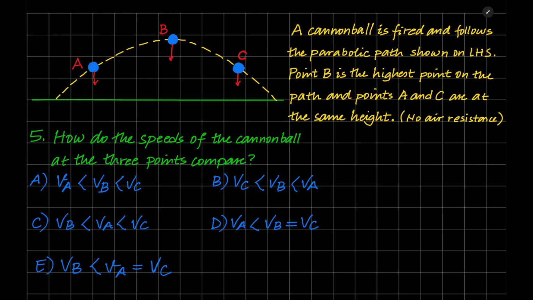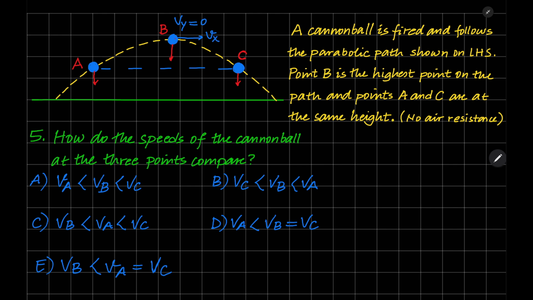Since points A and C are at the same height, the speed at points A and C must be equal, and it is greater than the speed at point B, because at point B, the vertical component of speed is equal to 0. It has only horizontal component.